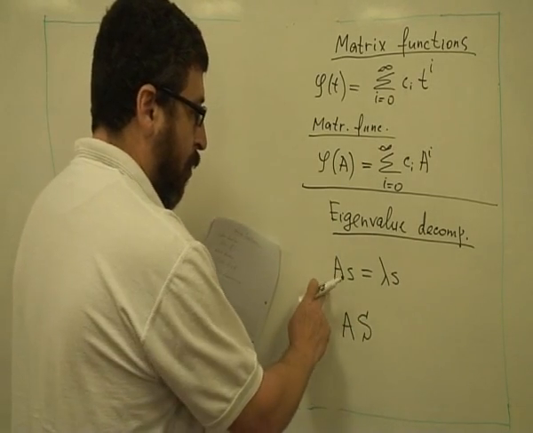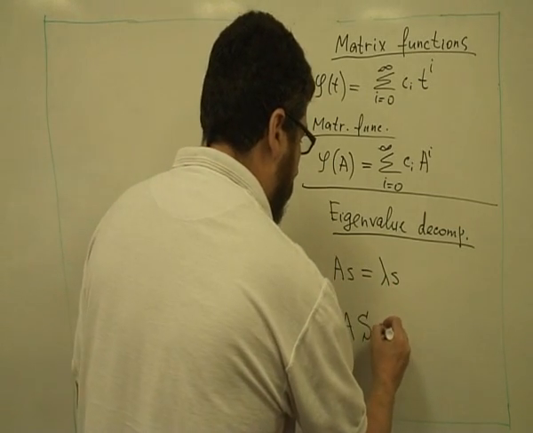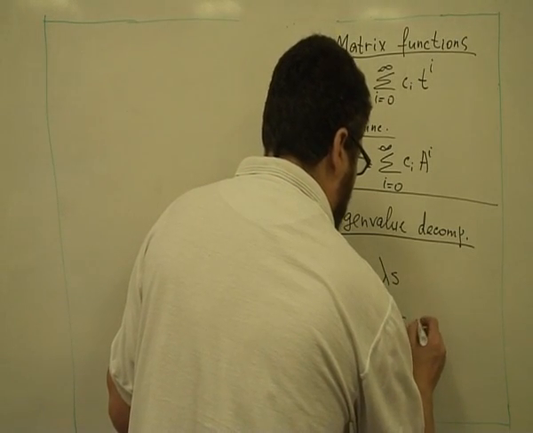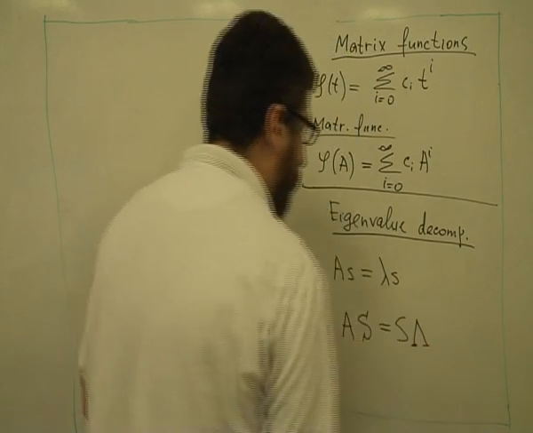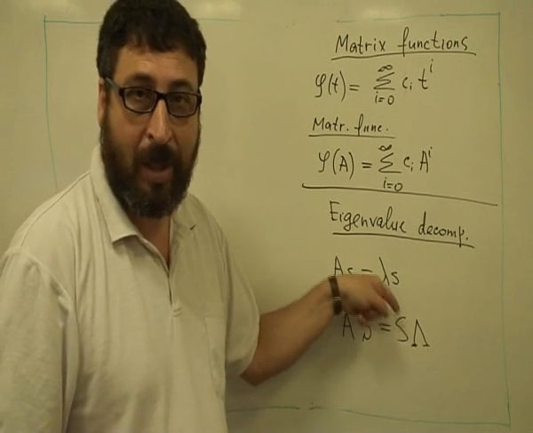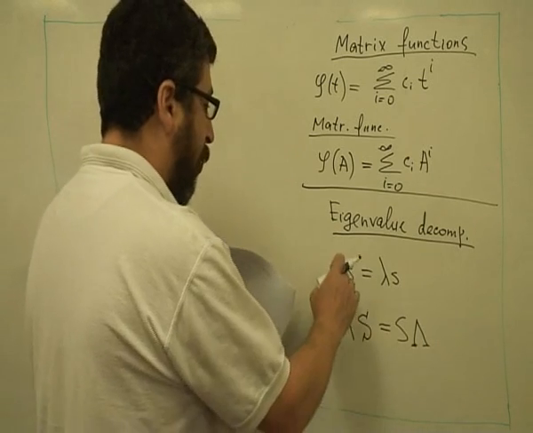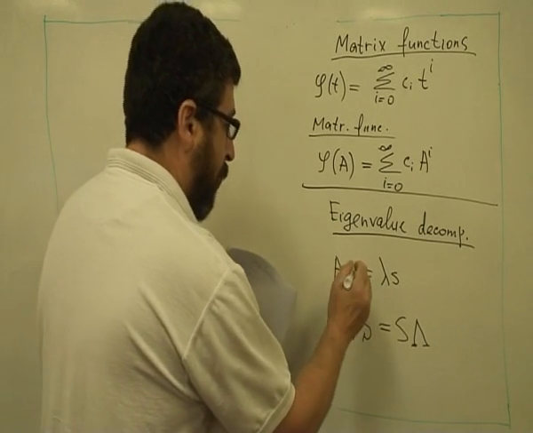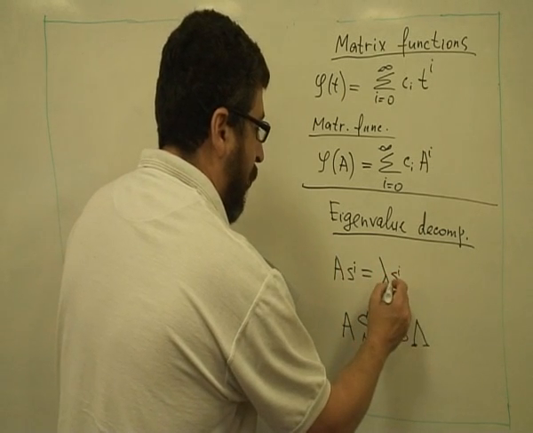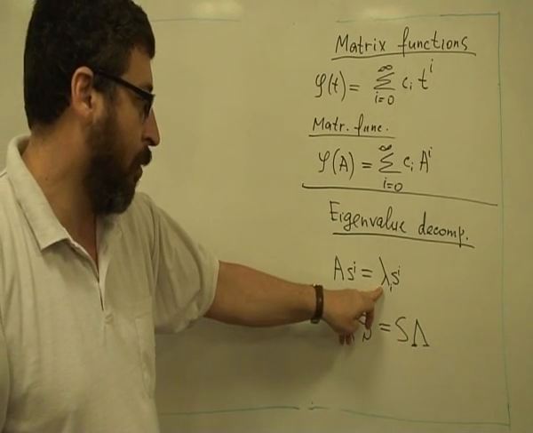Because this relation is correct for every column, one can see, and I suggest you do this exercise yourself, that I can define a diagonal matrix lambda with entries: I have m vectors, so let me denote them as S_i, and lambda_i will be the corresponding eigenvalue.